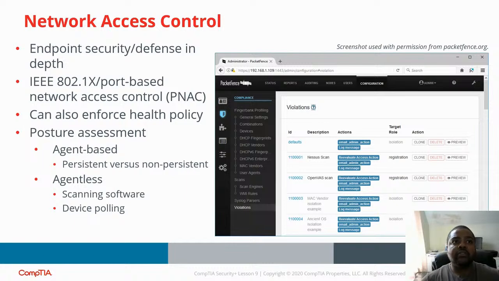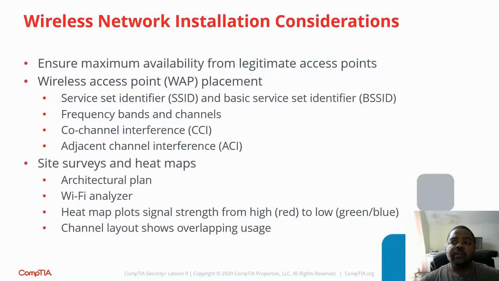And if it's a legitimate device, we can make an exception for it and bring it on, or more importantly, put our endpoint agent on that PC or device in order to keep track of it, and then make any changes or updates to it accordingly.